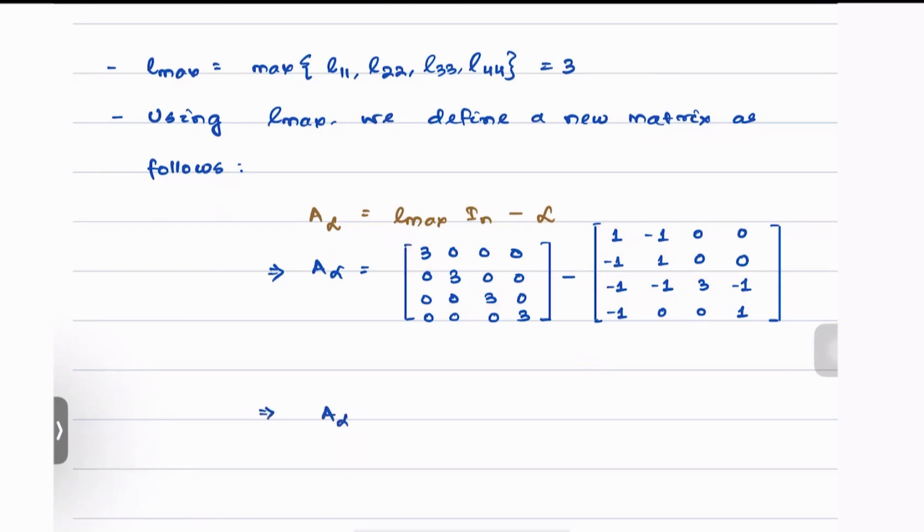So in this case, what we have is AL is equal to 2, 1, 0, 0, 1, 2, 0, 0, 1, 1, 0, 1, and 1, 0, 0, 2.